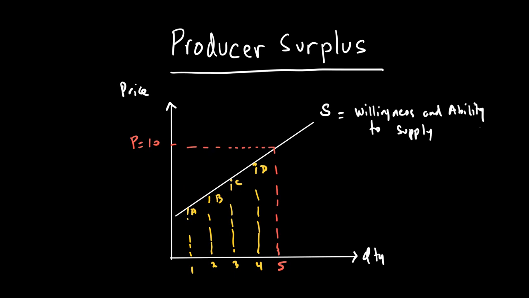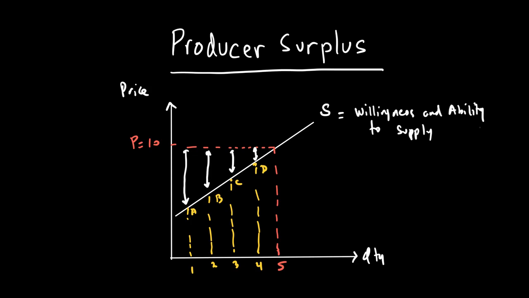So for all units before the last unit, he's pocketing the difference between what the producers are getting, which is the market price, and what they're willing to supply the good for. These vertical gaps between the market price and what they're willing to supply is what we call producer surplus.